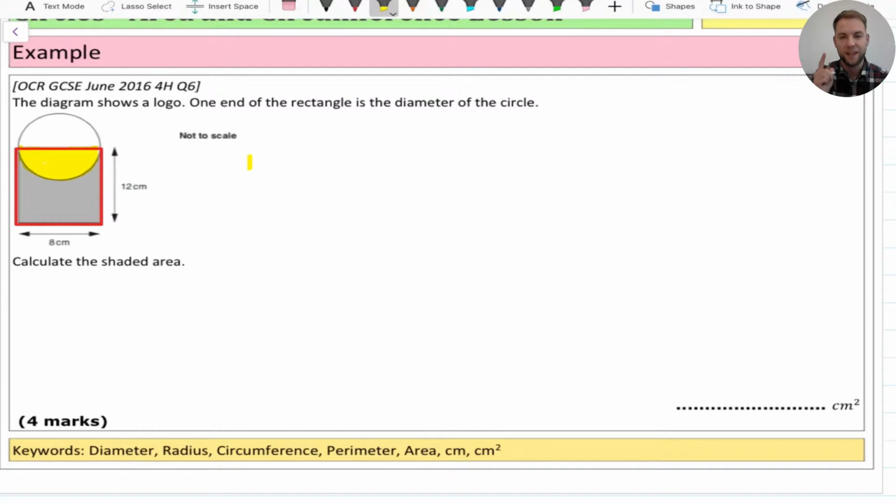So we need to find out the area of the rectangle. That's quite easy. And then we also need to work out the area of that semicircle. We need taking that semicircle away. So let's just do that now then.